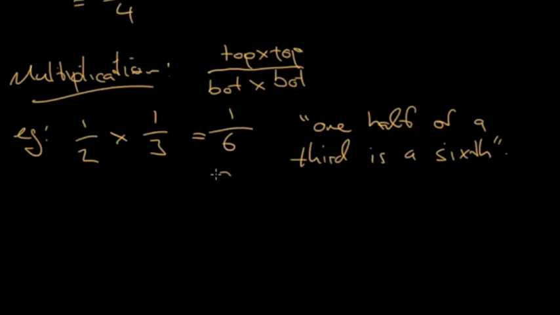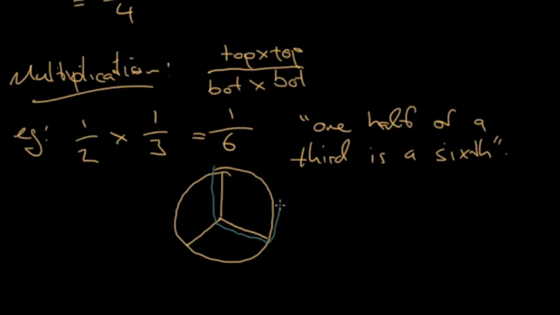And if we look at our pizza example here, we could cut it into thirds, and consider this third. You can consider this third, and we could say 1/2 of this third. So if we cut that third in half, we'd have a sixth.